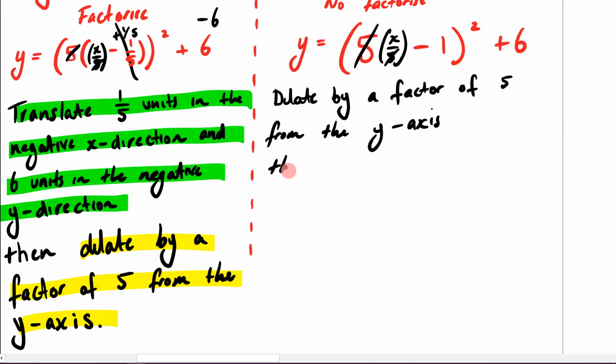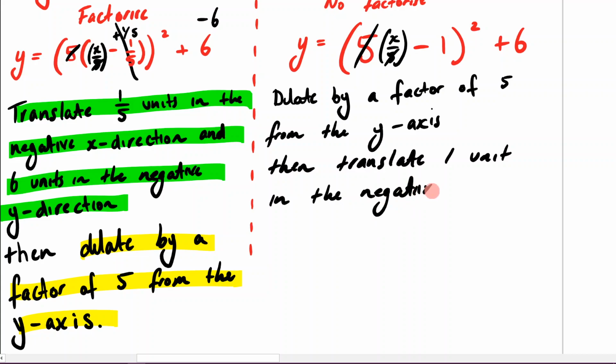Then I'm going to deal with my translations. As you can see, what's happening is that I have a translation of 1 unit in the positive x direction. So to get rid of that, I'm then going to translate 1 unit in the negative, because I'm doing the opposite, right? So let me just repeat that.